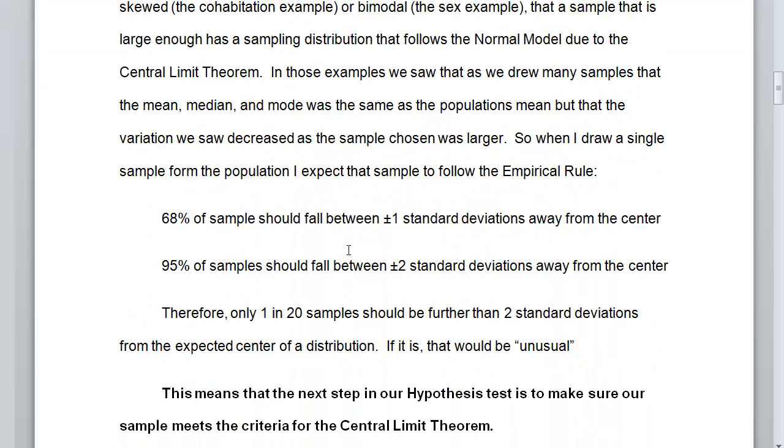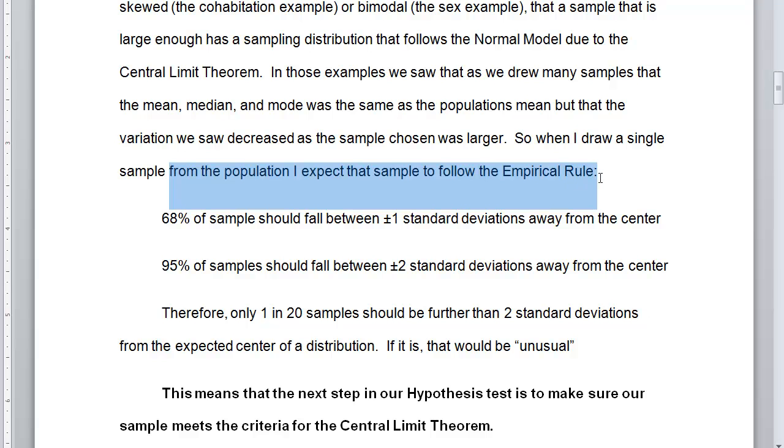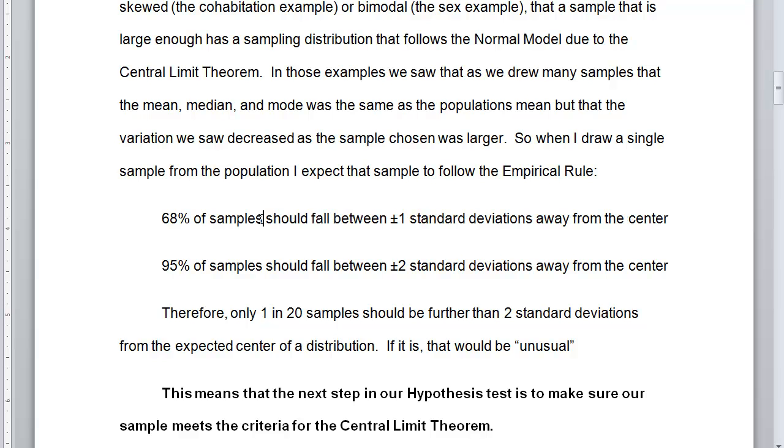All right? So when I draw a single sample from the population, I expect that sample to follow the empirical rule. 68% of the samples, any sample that I take, should fall between +1 and -1 standard deviations away from the center.